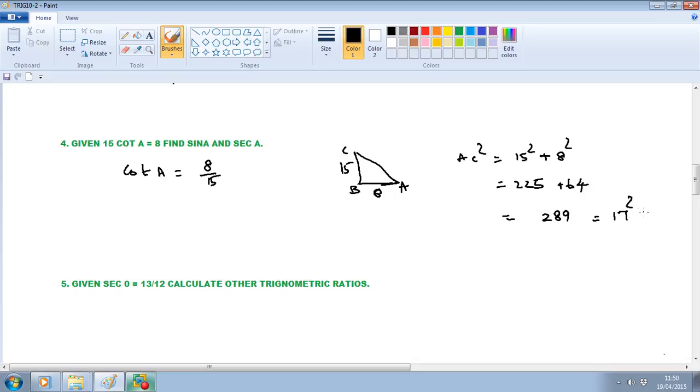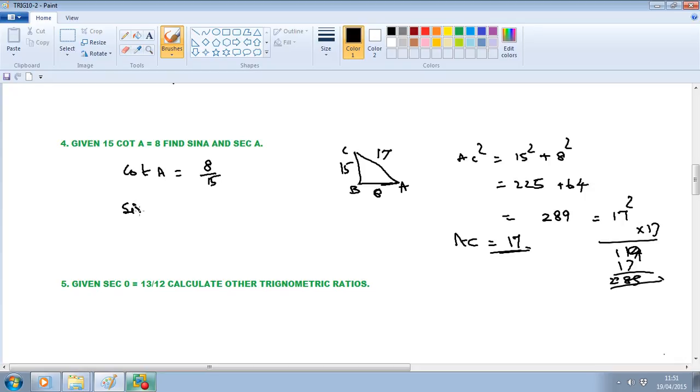Let's verify. 17 into 17 is 289. Yes, it's correct. It's 17 square. So AC square is equal to 17 square, and AC is 17.